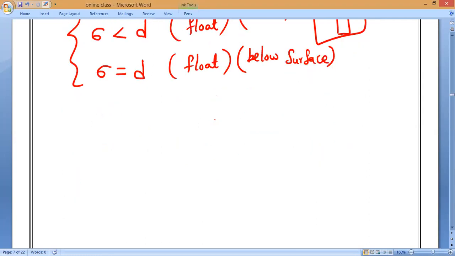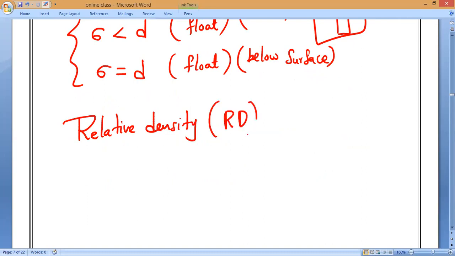Now, after this, one more interesting thing I will teach you today. Observe one more thing carefully, which we already studied yesterday: relative density. What is the formula for relative density, everybody? Relative density is represented as RD.